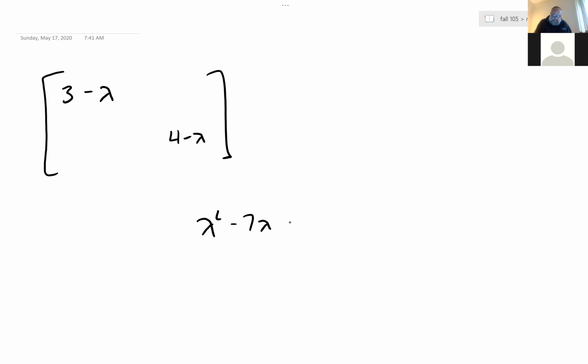So let's come back to this one here. We'll do one more, I think, and then I want to show you this deal, and then we'll see what happens. We'll do this one two ways. 3 minus lambda, 4 minus lambda. I can't do this in my head, so I have to do it on paper. It's 12.